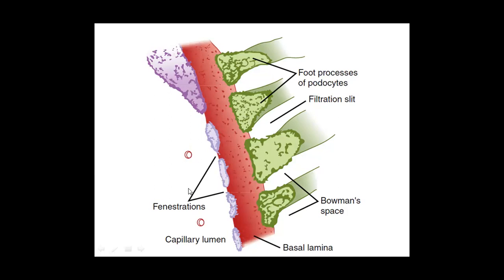Now, there are these fenestrations and the slits between the two foot processes. So there is a slit between the two foot processes, and there is a hole, pore, or fenestration through which different solute molecules or various molecules can pass through.